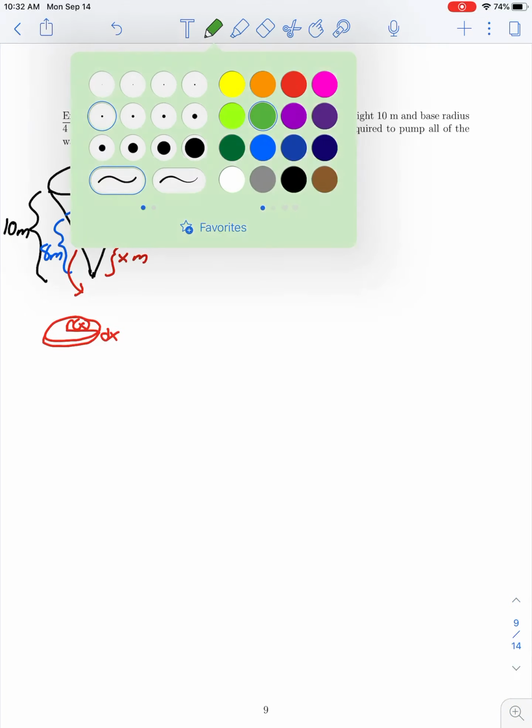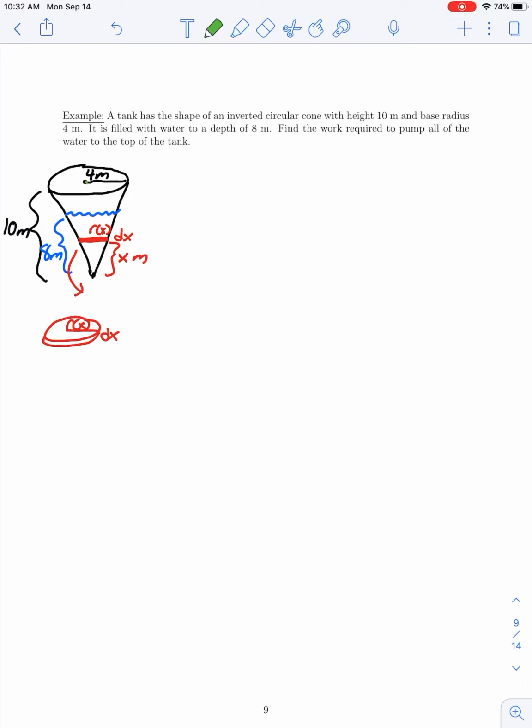So I can see here, if we were to think about dropping a little vertical line down through the center of my cone, I see that the triangle, which would be formed by that line and the outer edge of my cone, would have the same angle measures as the smaller triangle formed by that vertical along with the outer edge of my tank and the top edge of my little slice of water.